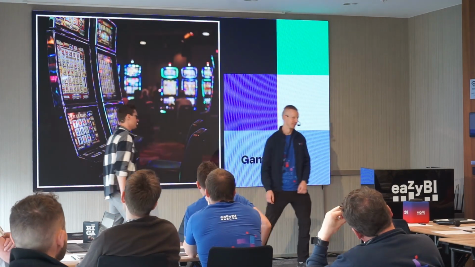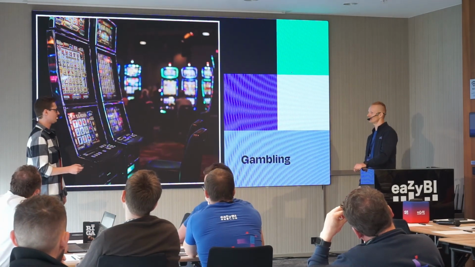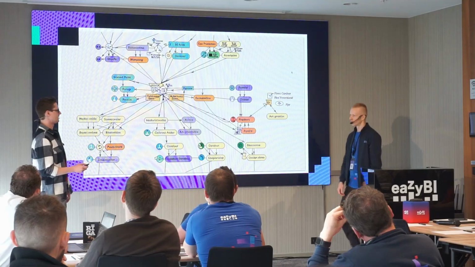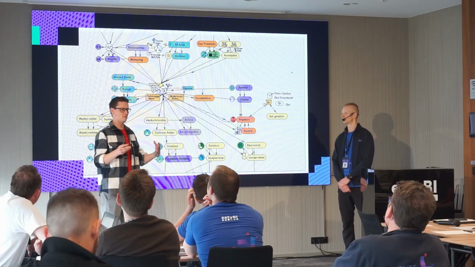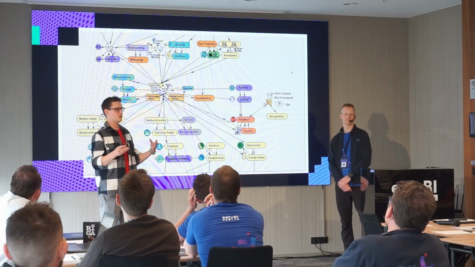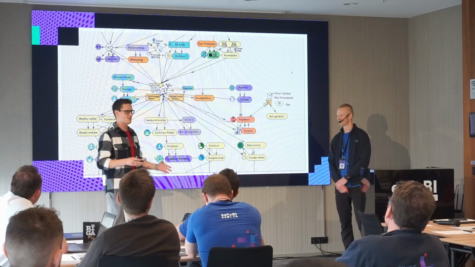So I mentioned gambling, and why gambling? Let me explain. What we're gambling on as developers, when I'm thinking about developing something, is that the next thing I pick to develop will be easy, smooth sailing, from requirements to production.